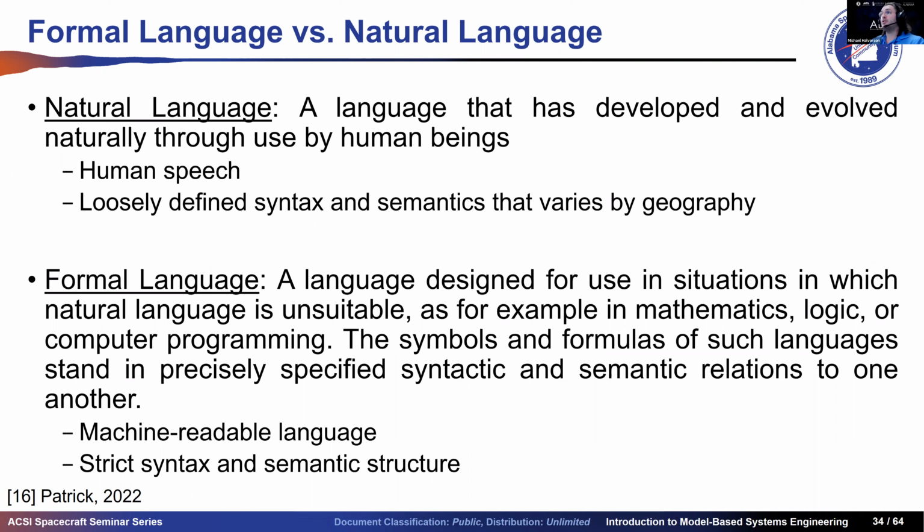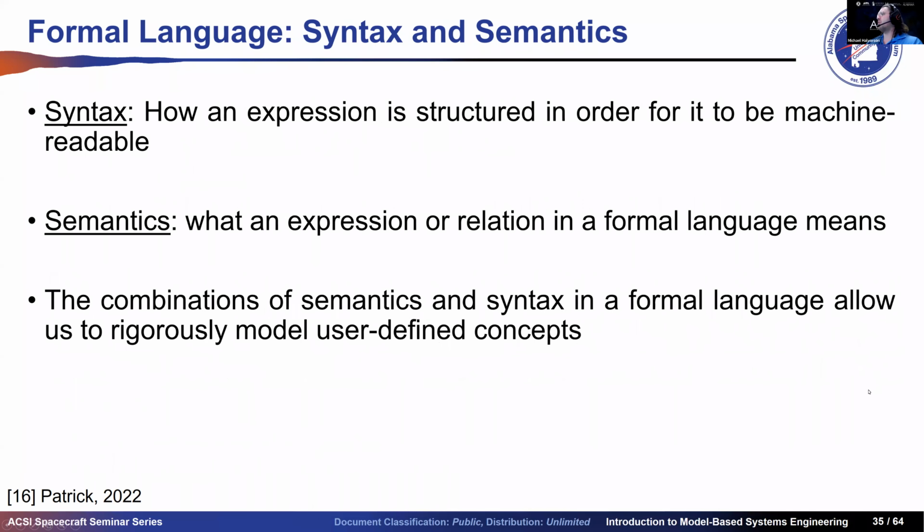A formal language is at its core machine readable. It has a specifically defined syntax and semantic structure. Again, syntax is how an expression is structured, and the semantics is what an expression means when it is structured that way. All right, here is that definition, and we'll of course post these PDFs and you can go through those. So I'll read it.